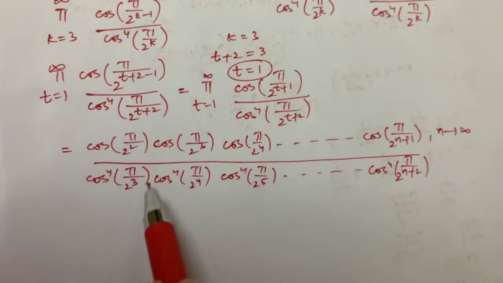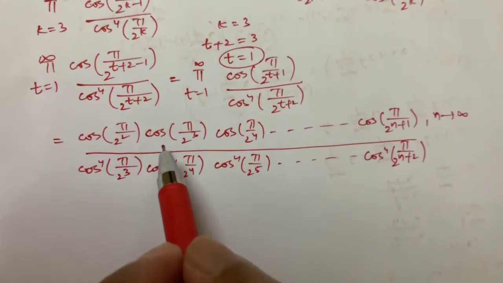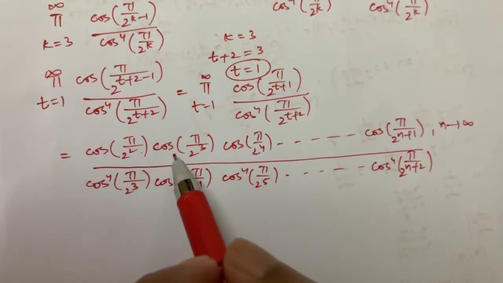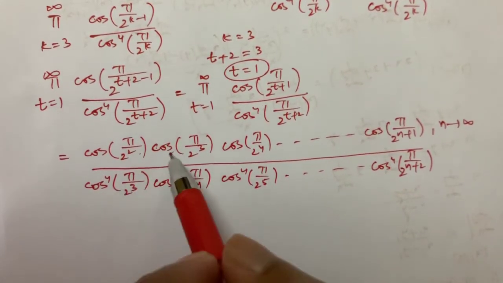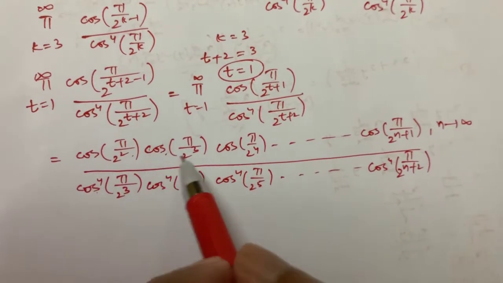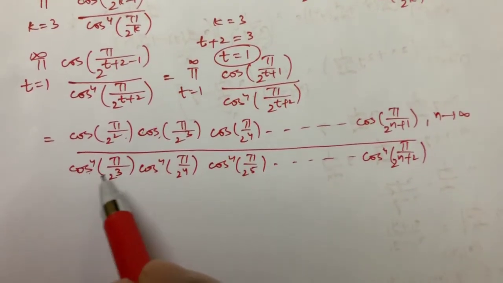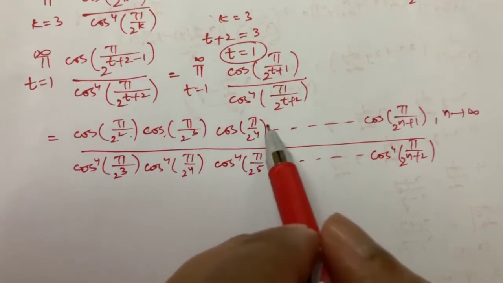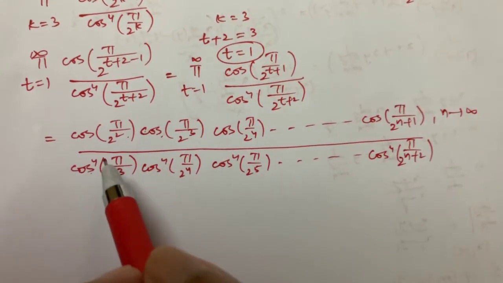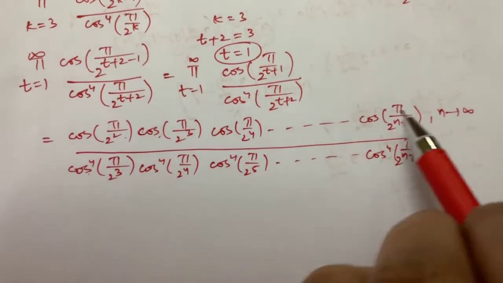If you see the numerator and denominator clearly, from the second term, the second term in the denominator is the same as the first term in the numerator, and the second term in the numerator is the same as the first term in the denominator. We have power 4 in the denominator, while it is present once in the numerator, so it is present 4 times there. So now we can cancel everything off.